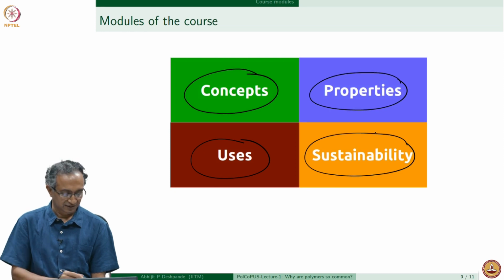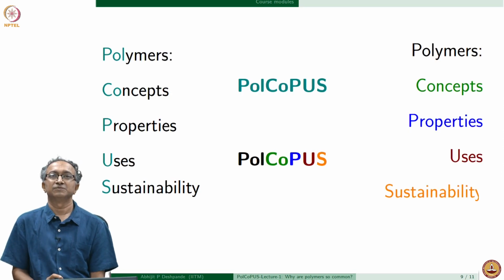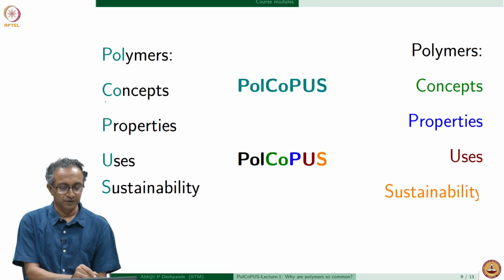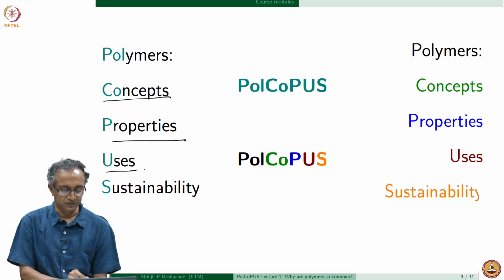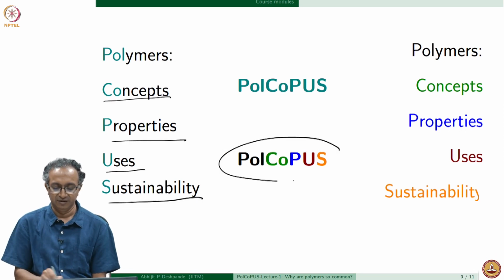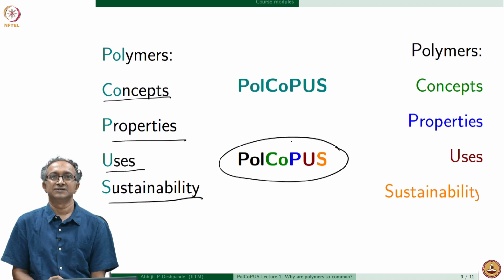So with this thought, we will finish with this introductory lecture where we looked at the advantages and disadvantages associated with polymers. And throughout this course, we are going to look at the concepts, properties, uses, and stability of these materials. Thank you.